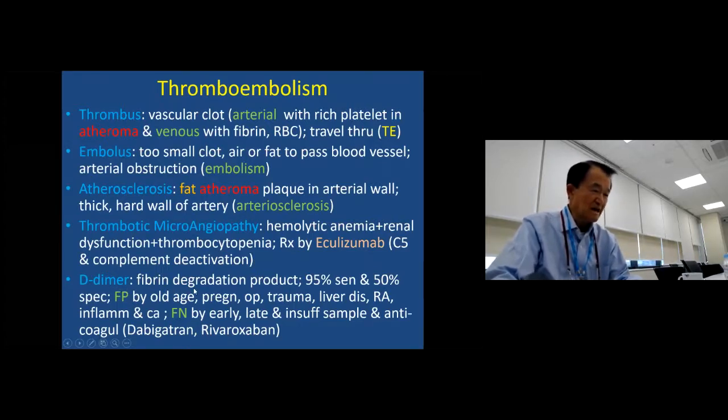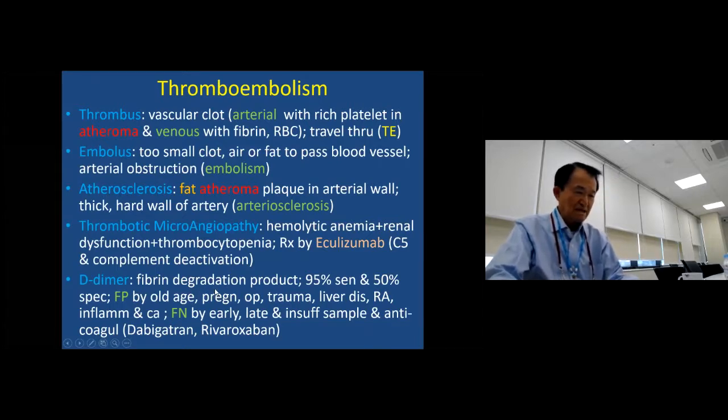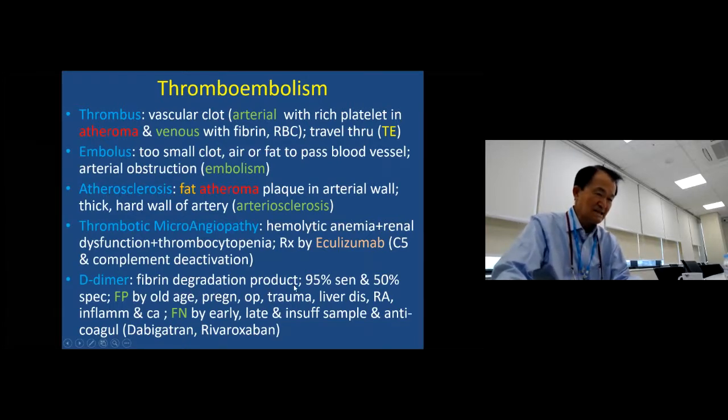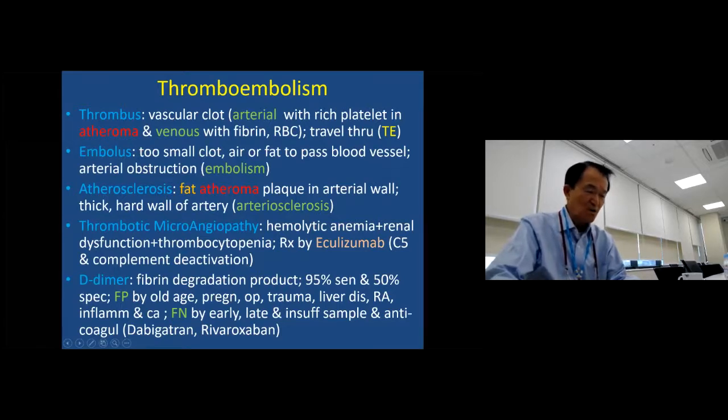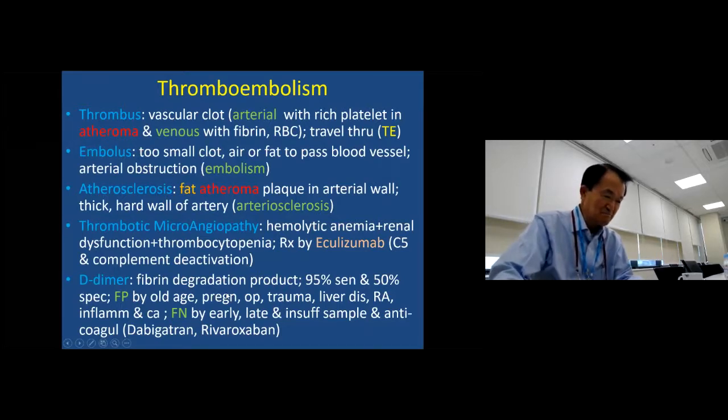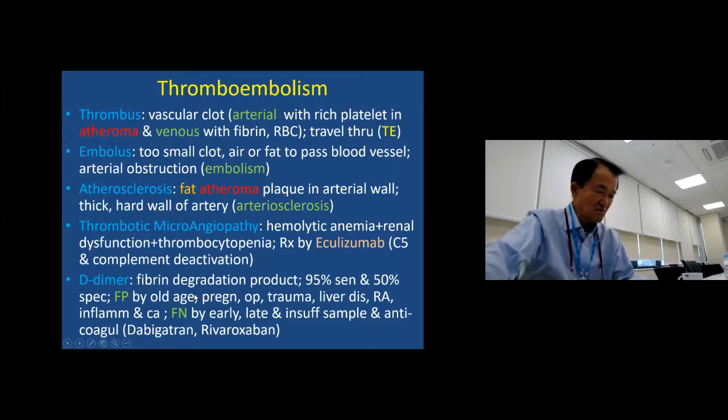D-dimer is a product from the fibrin degradation. D-dimer has a very high sensitivity, but very low specificity, just like many other diagnostic blood tests or even imaging.